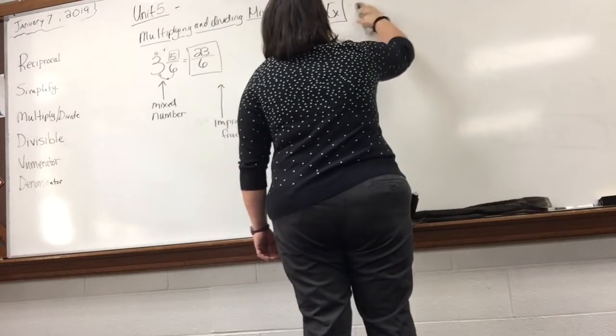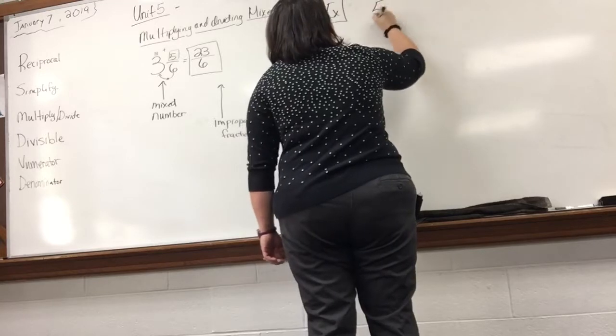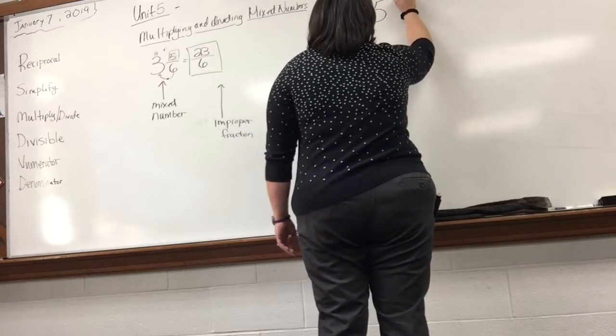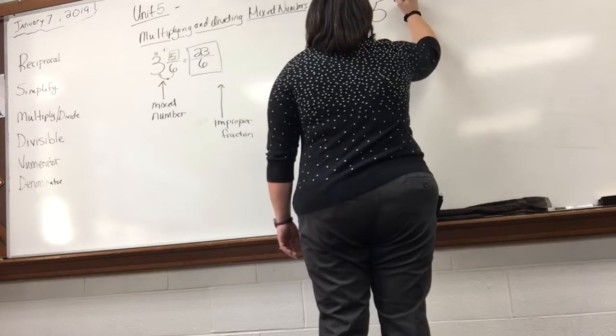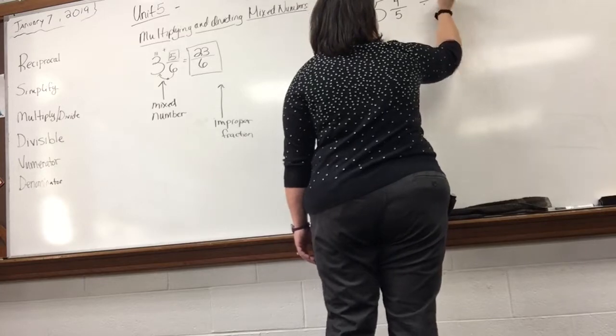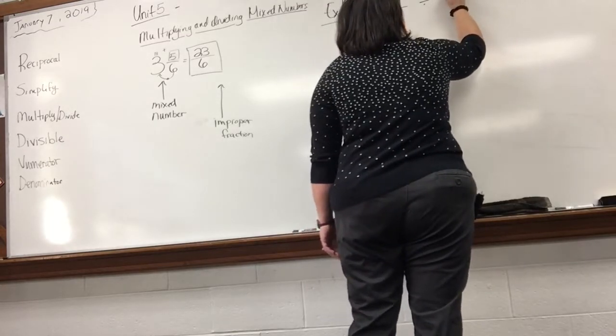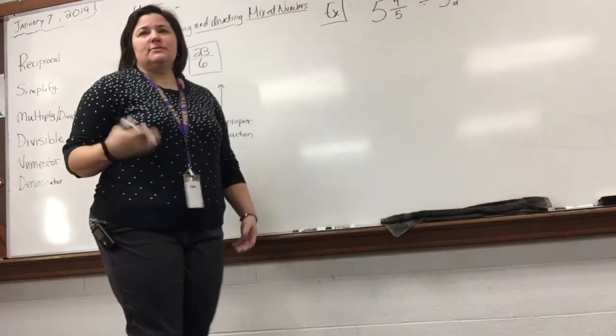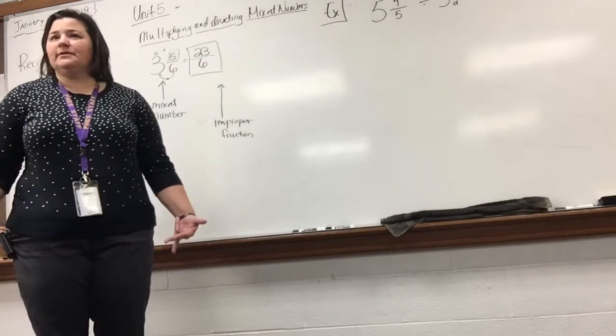I don't know why, but I always put 3s up here. Let's do 5 and 4 fifths, divided by 3 and 1 half. Okay, so right now we have two mixed numbers.